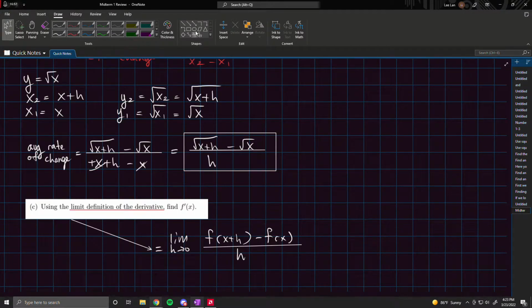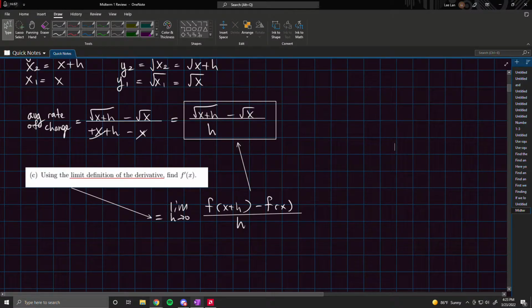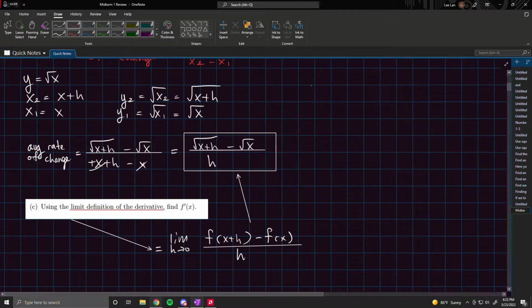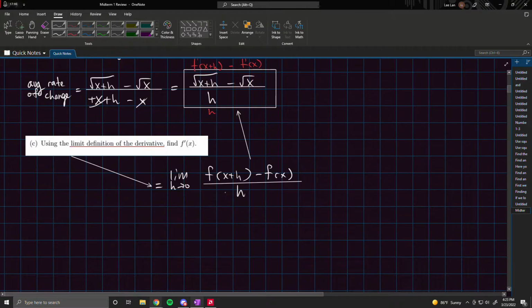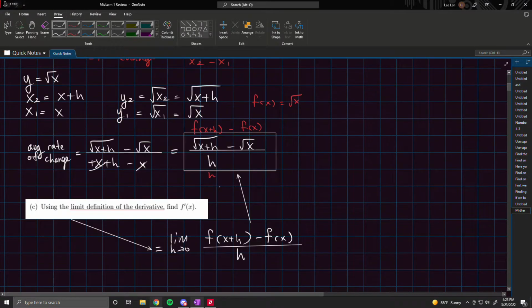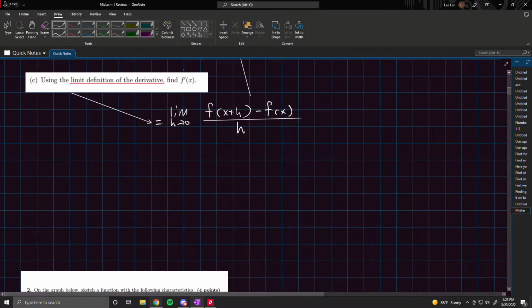If you noticed, we kind of already did the work up here, right? This is technically f of x plus h, and this is minus f of x, where f of x is equal to root x, and h is just h. But let's assume we didn't already do this work, so let's just plug in everything.